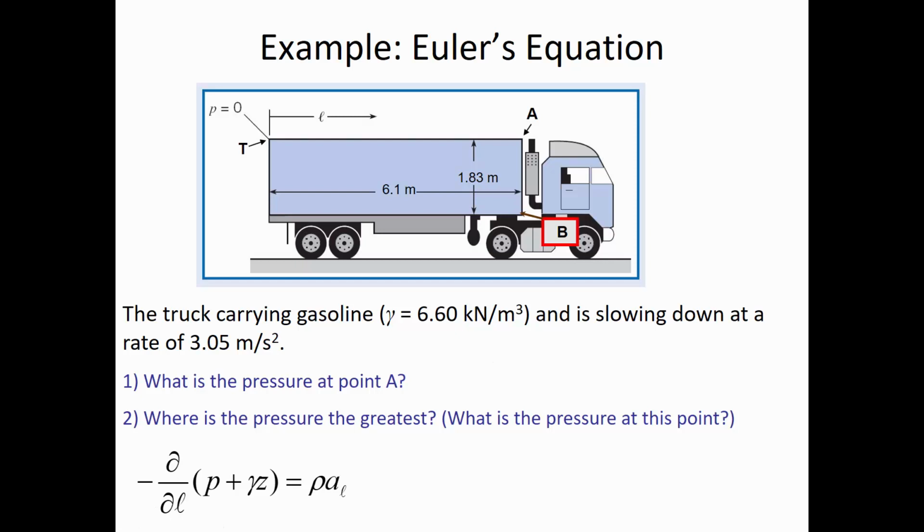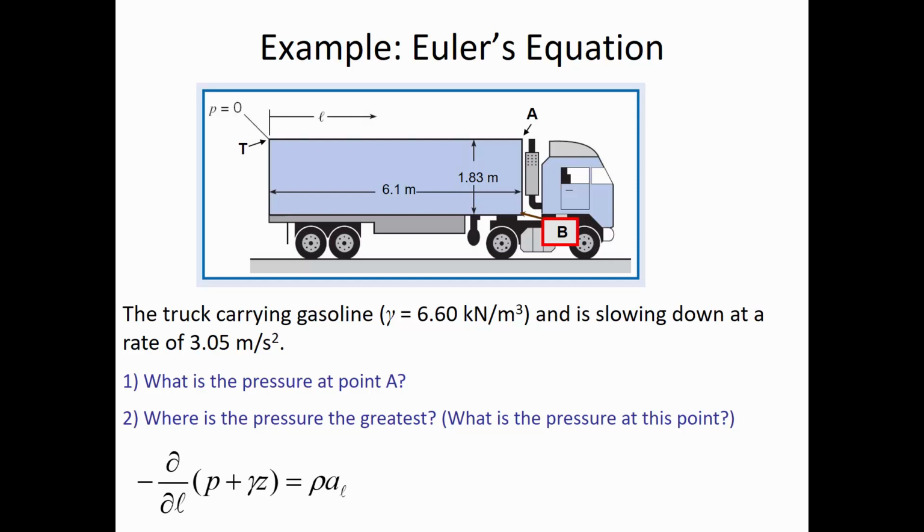All right, so let's take this truck as an example. Let's say that it is experiencing an acceleration to the left. So it's slowing down at a rate of 3.05 meters per second squared, and that's in the negative x direction.